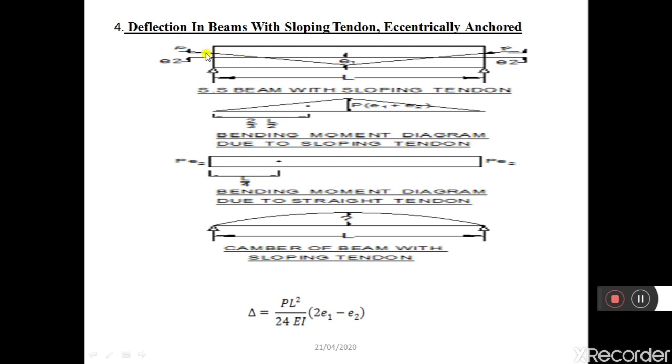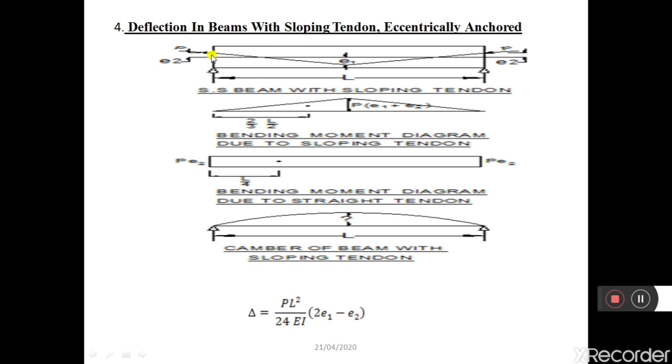Therefore moment is force, P, into perpendicular distance. Therefore, the moment with respect to midspan is equal to P into E1 plus E2. So for this, the bending moment is this one. So bending moment at the supports is 0 for this, and bending moment at the midspan is maximum, that is P into E1 plus E2.